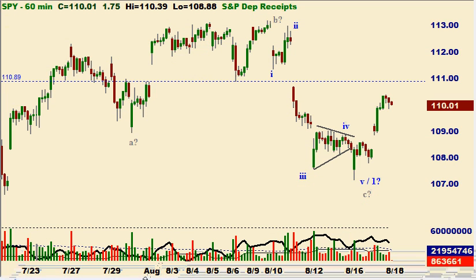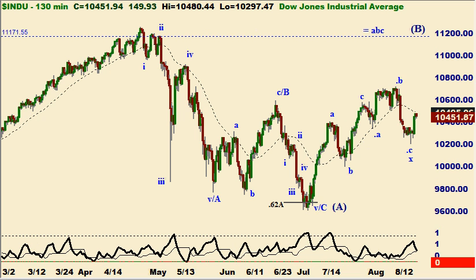Now I wanted to take a look at an alternate count, and here's the Dow 130-minute chart, and I've compressed it so we can see both the overview and some detail as well. One of the things that's bothered me about my own count, as well as counts by others, is that this leg down into early July, I always thought was best counted as an impulse type wave, a 5 wave structure.